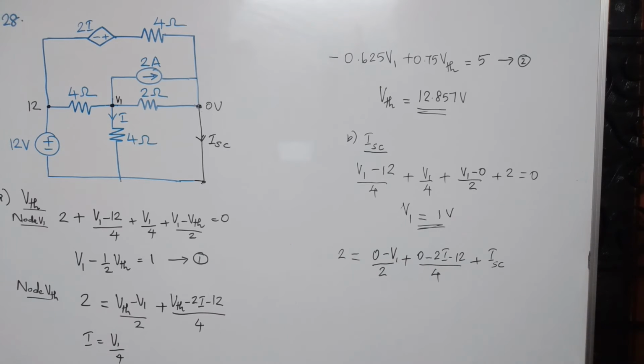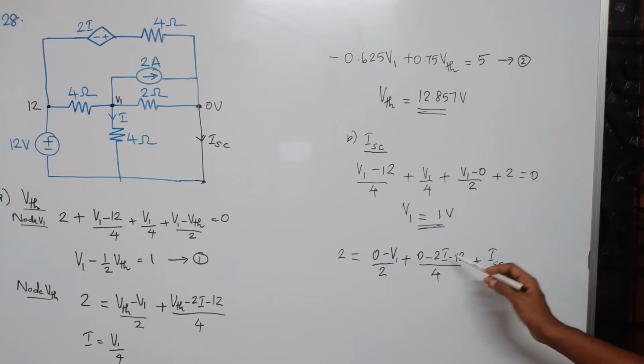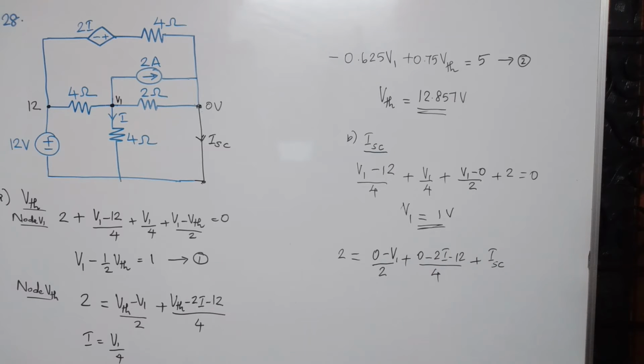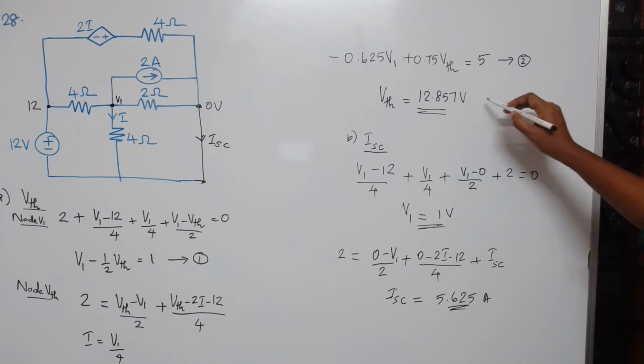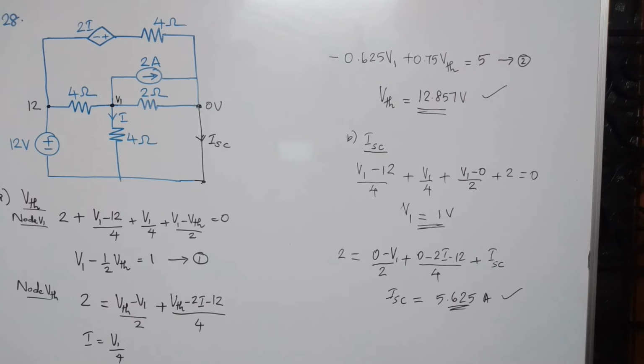V1 is 1 volt, we have found it out, and I is V1 by 4. So we can substitute that and we will get ISC equal to 5.625 ampere. Thus we got VTH as well as ISC.